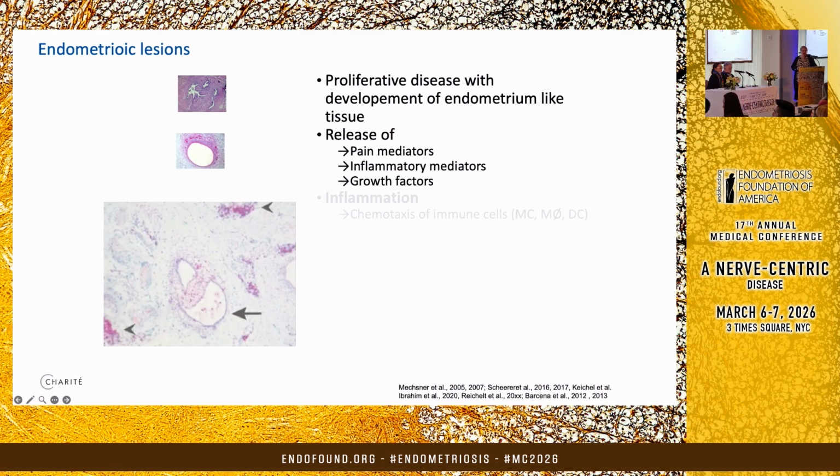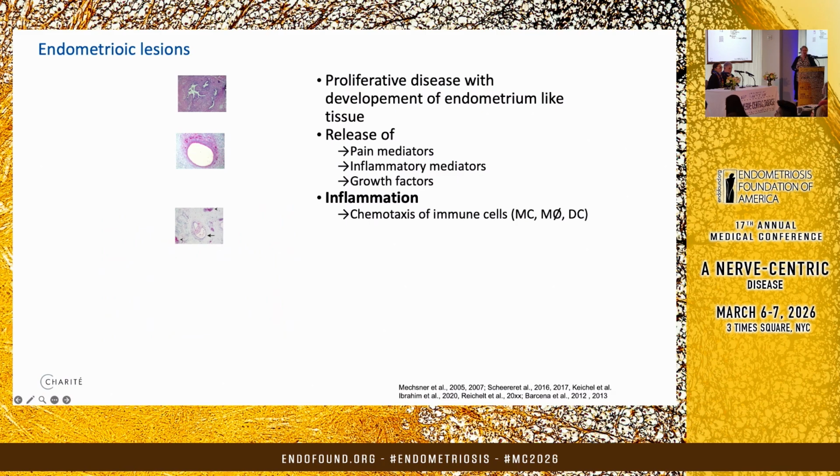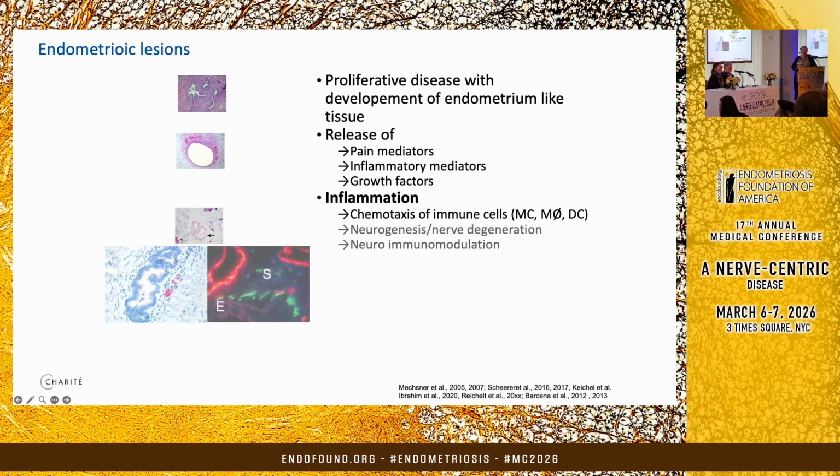But we have also this inflammation. Immune cell infiltrates are affecting the peritoneum. And then we have the nerves inside of the lesions. We explored also that they are not together with the blood vessels, they are without blood vessels.